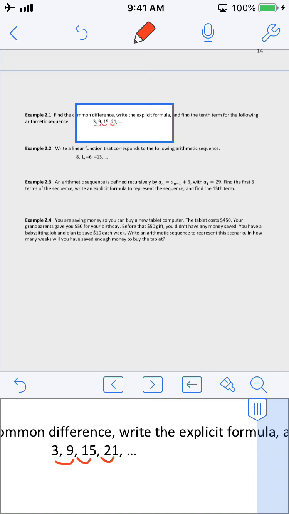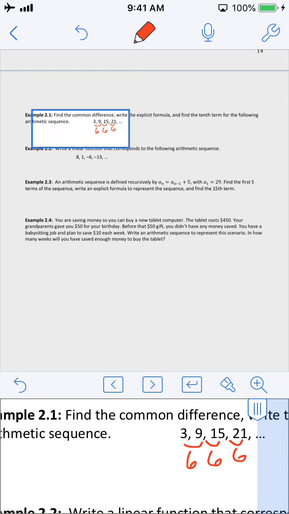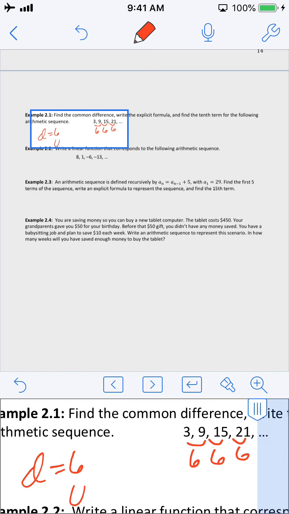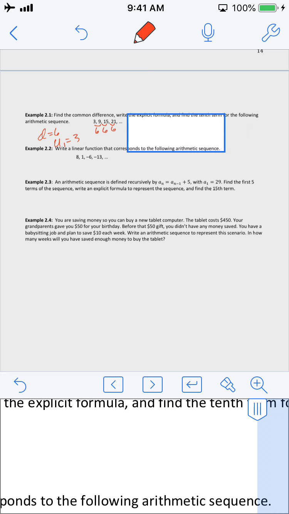Okay, now let's breeze through this real fast. 3 to 9, that's 6. Looks like D is equal to 6. And so our explicit formula, oh, and A1 is equal to 3. And so our explicit formula would be an equals 6(n minus 1) plus 3.